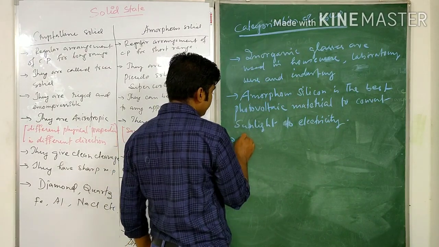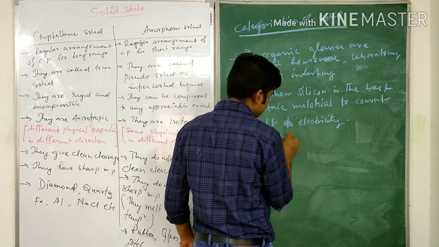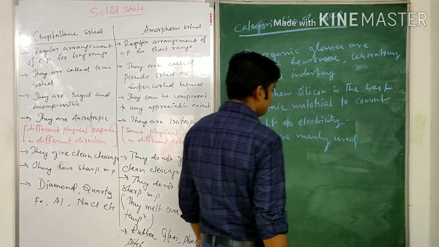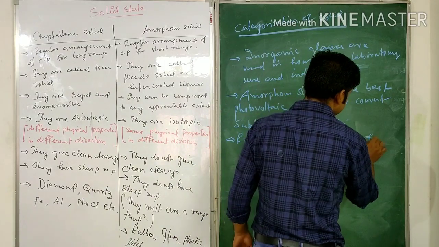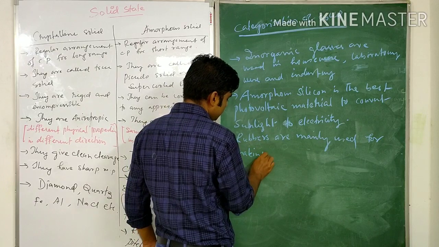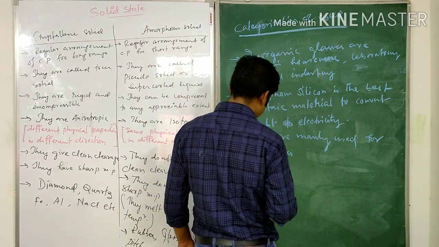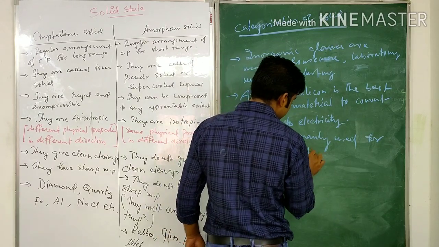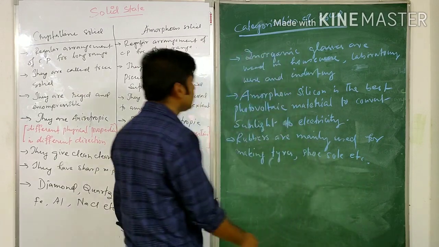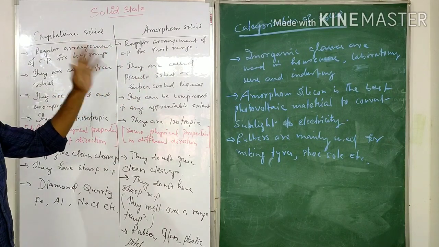Next, your rubbers are mainly used for making tires, shoe soles, etc. So these are the uses of amorphous solids.